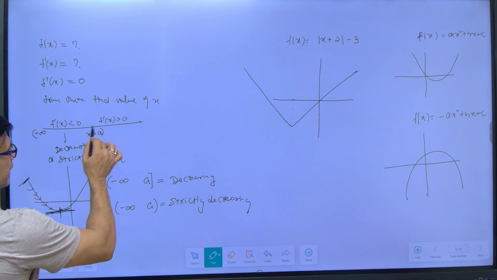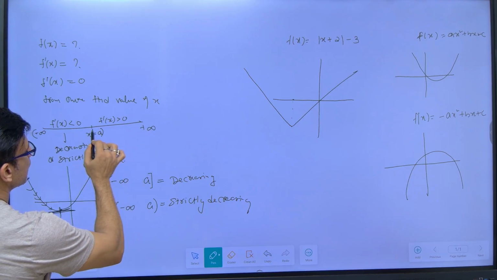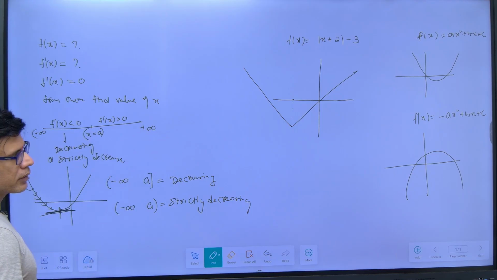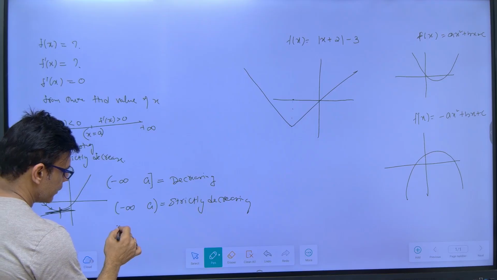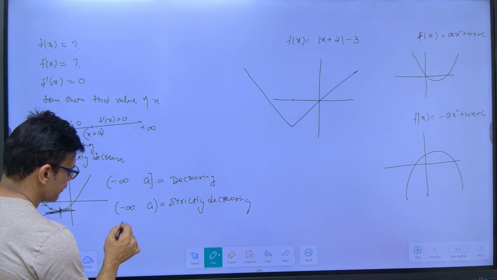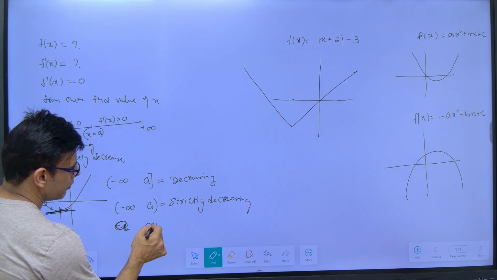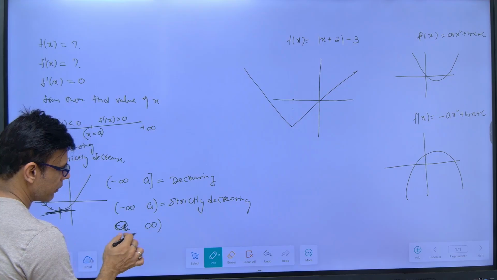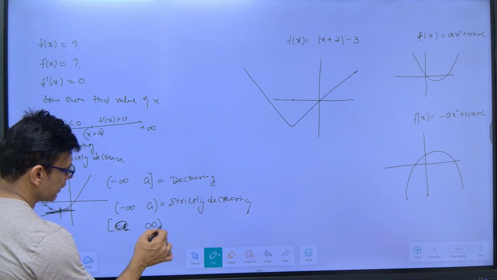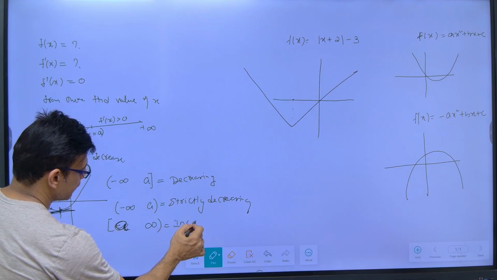And what is happening here? It is going up. Going up means increasing. So from a to positive infinity, if I include a, this is increasing.